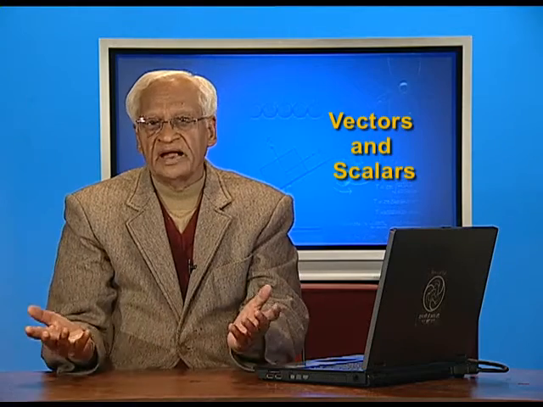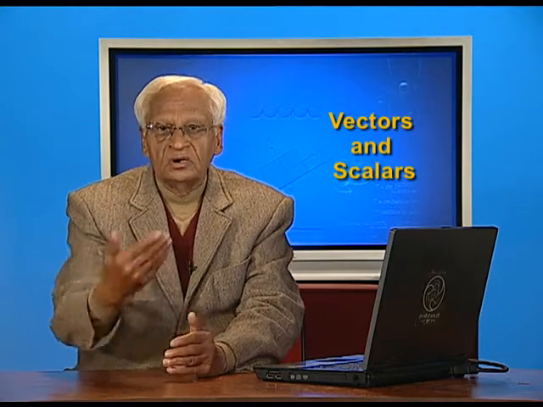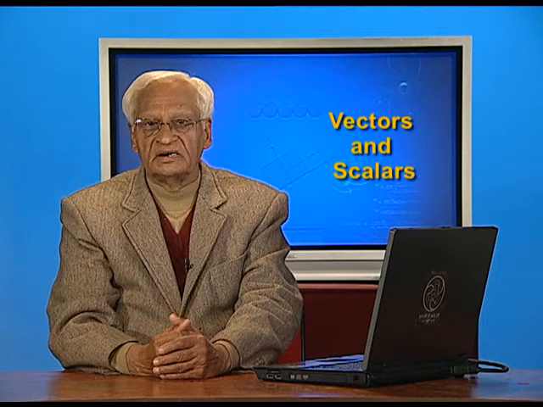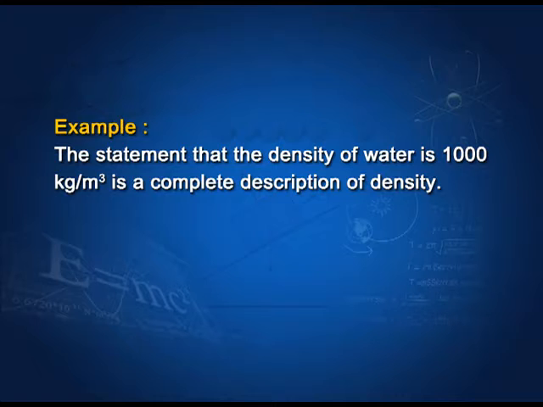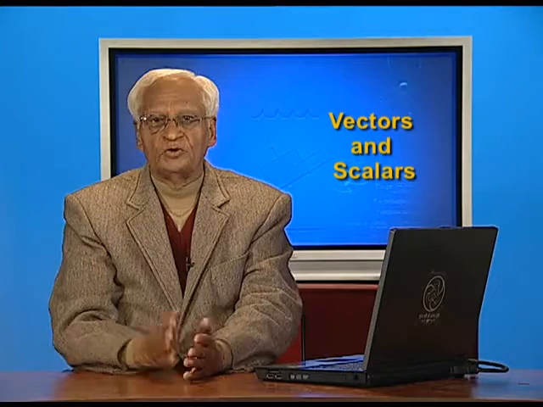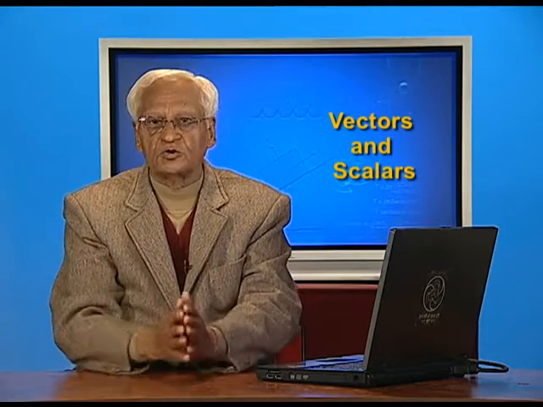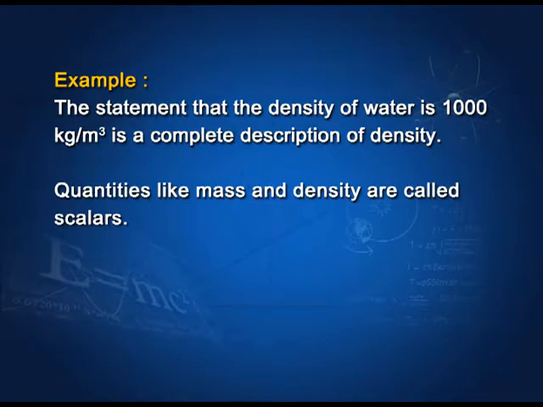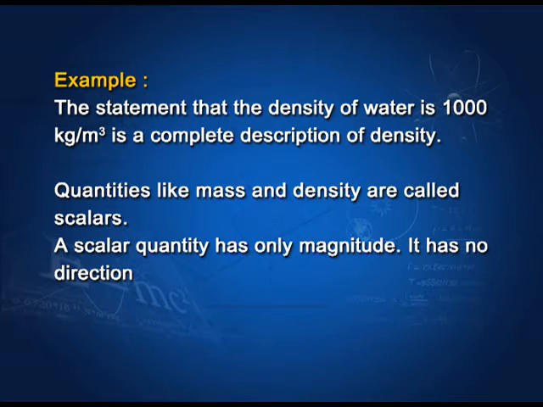You do not have to add anything to refine your statement. Statement 1000 kilogram per meter cube is a complete description of density. You do not have to say anything in which direction and so on. So, quantities like mass and density are called scalars. A scalar quantity has only magnitude, it has no direction.